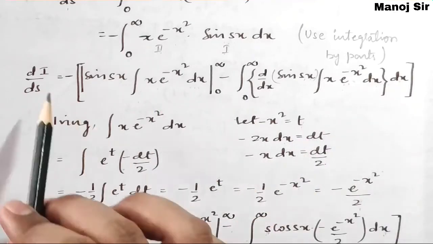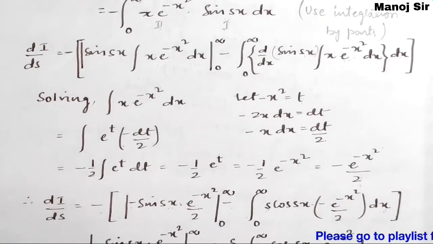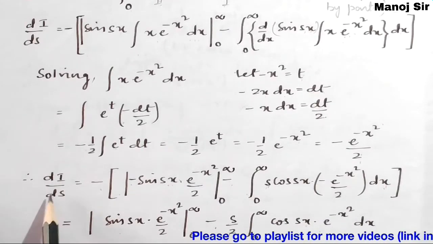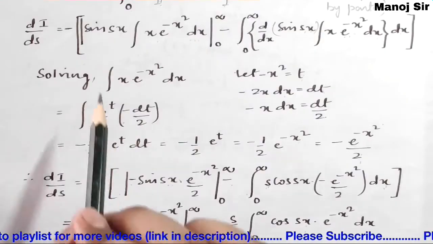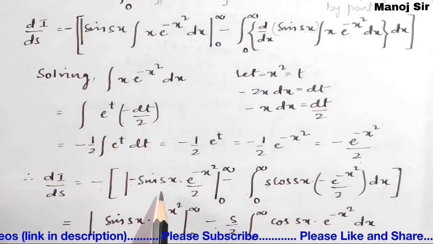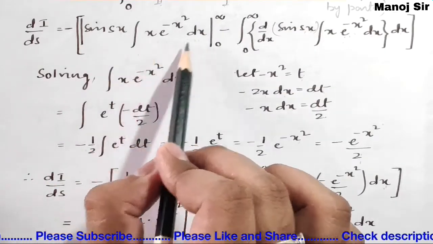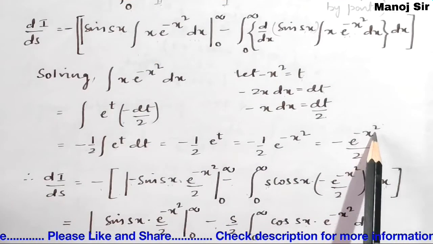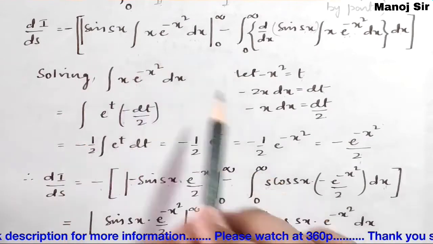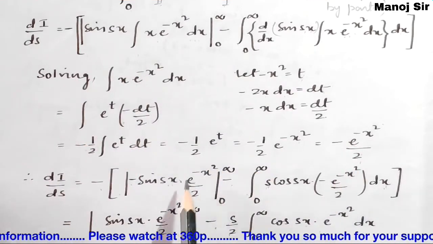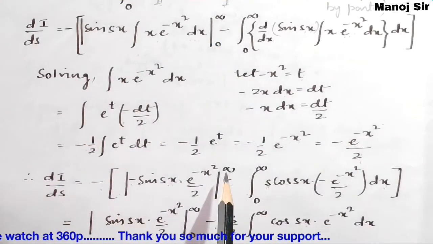So dI upon ds will become minus of, here we have a minus sign, minus of this, sin sx is as it is. And this part is minus of e to the power minus x square upon 2. So we are writing minus sin sx into e to the power minus x square upon 2, the limit is from 0 to infinity.